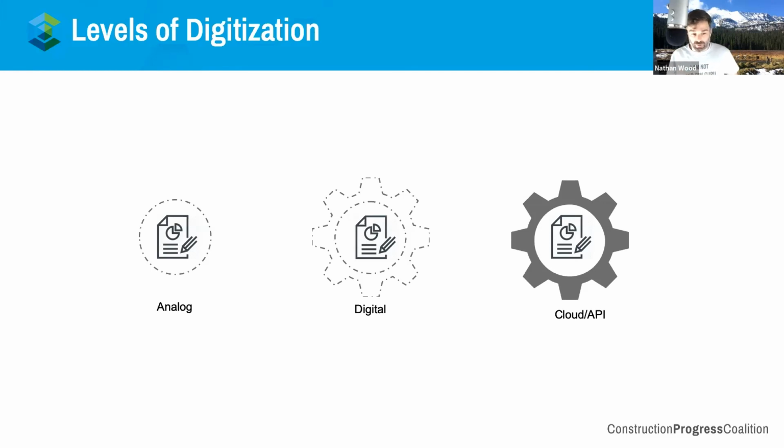It's a static document, versus that last graphic there for putting that gear around that document, that container, is what really unlocks the ability for cloud and API and all this digital transformation to happen.